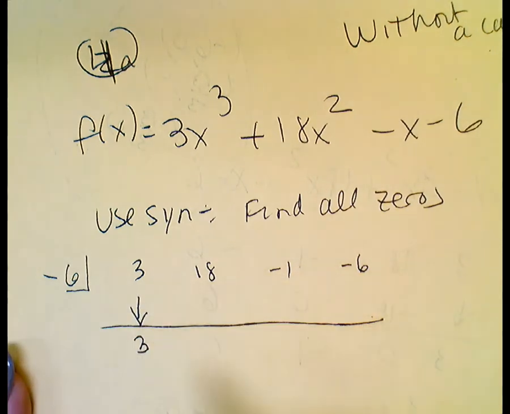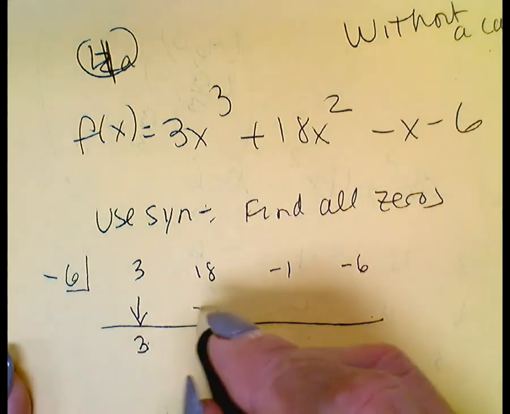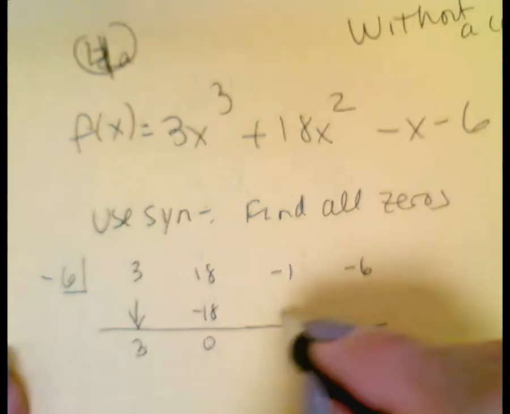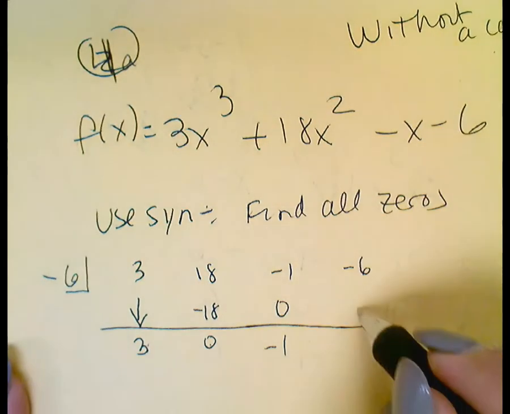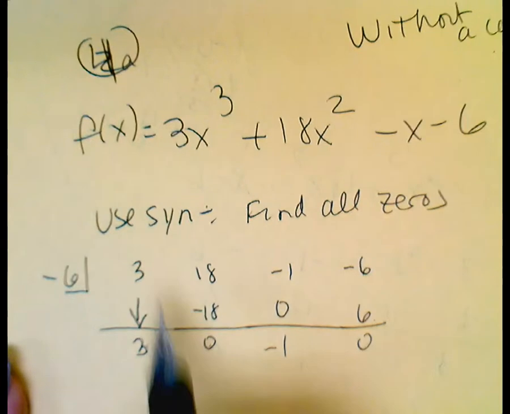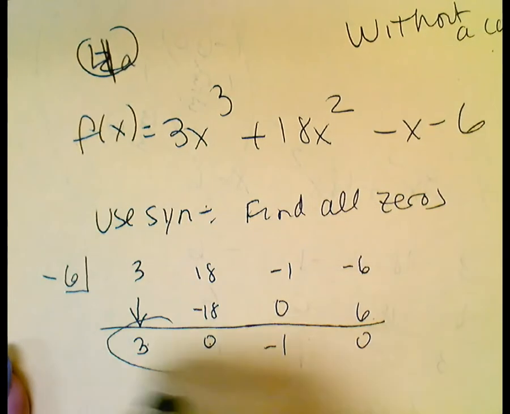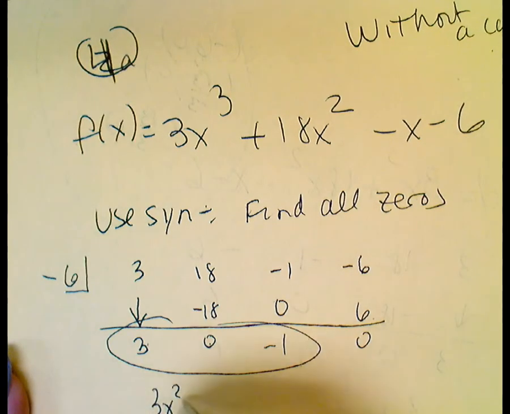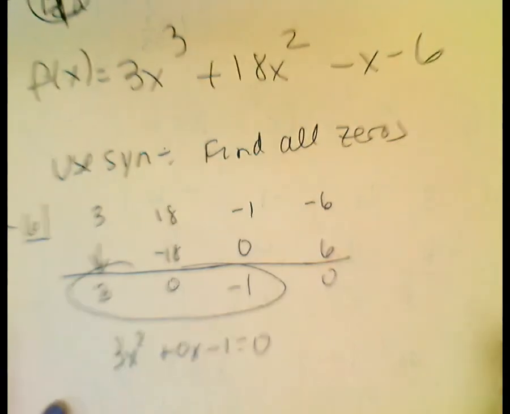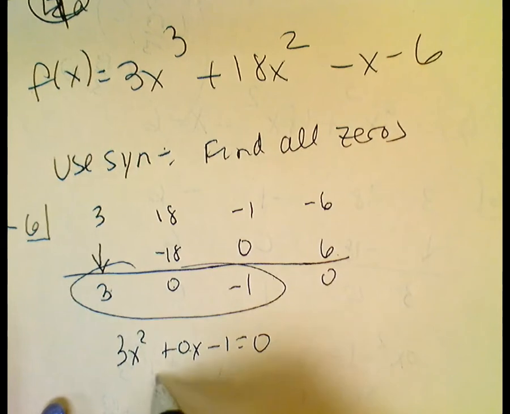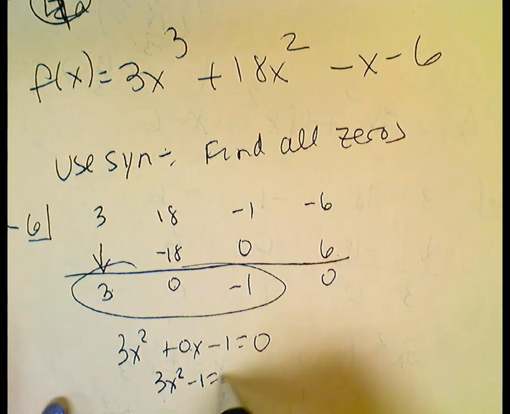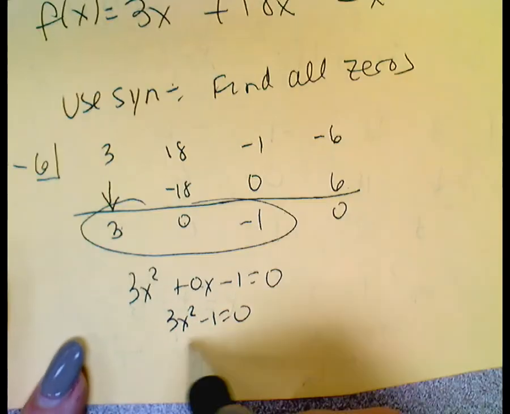Bring down a 3. 3 times -6 is -18, that's a 0. 0 times -6 is 0. Bring that down and multiply and you get 0. So because it started as a cubic, this is quadratic. So put in your variables. Since b is 0, you really just have 3x squared minus 1 equals 0. So you should be able to solve for the other two zeros.